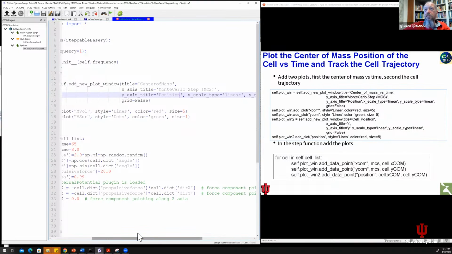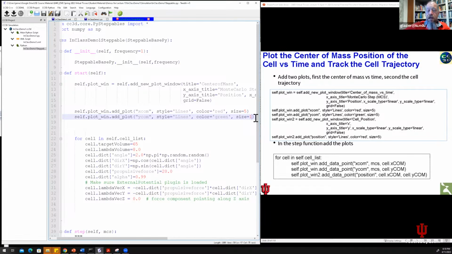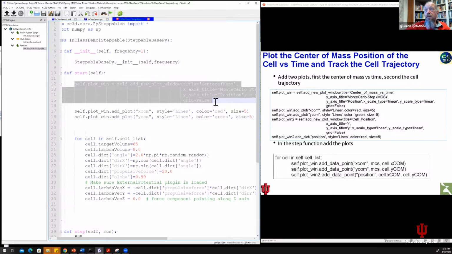And we'll define, I called it here XCOM, YCOM. I'll change the line style to be lines, color green, and size 5. That will give us a plot of the X position versus time, and the Y position versus time. And then it's nice to have a history of everywhere the cell went.